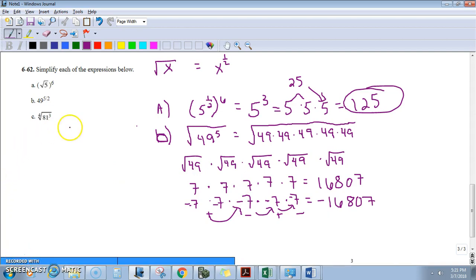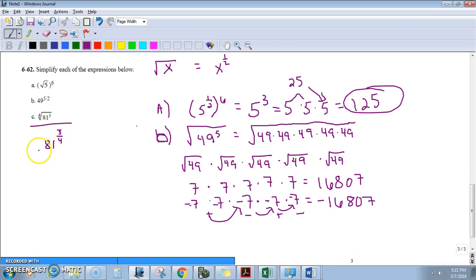Okay, and then last but not least, we have the 4th root here of 81 cubed, which is the same as, why don't we practice putting this in the calculator, which is the same as 81 to the 3/4 power. Okay, that's to the 3/4 power. Maybe I should make that 4 a little bit smaller.